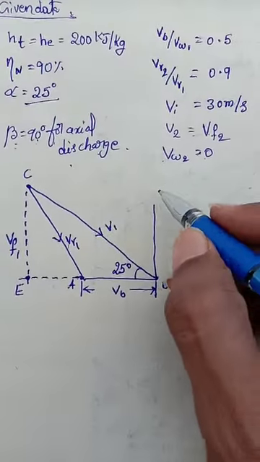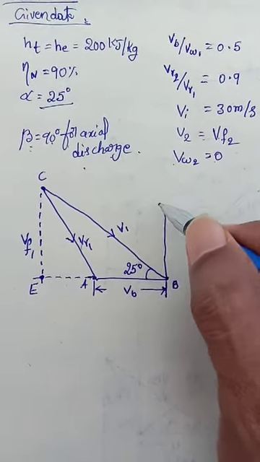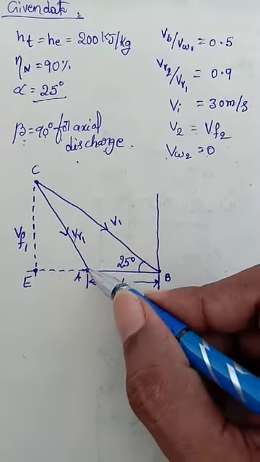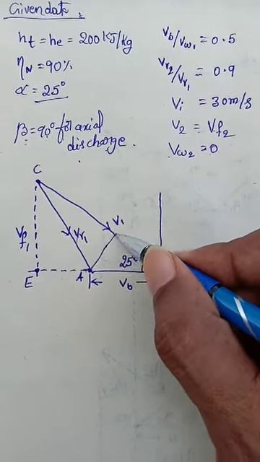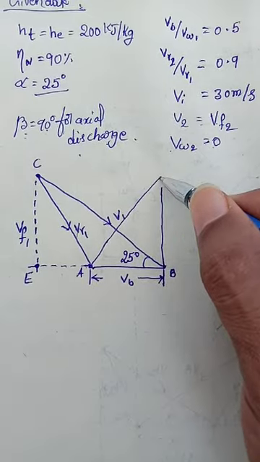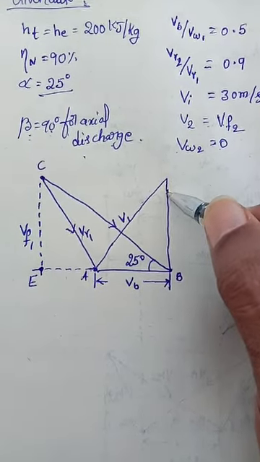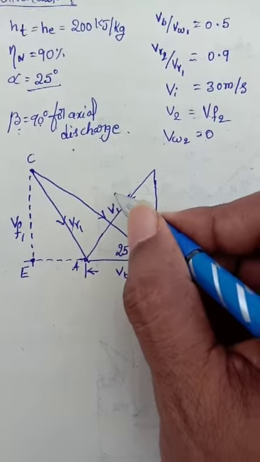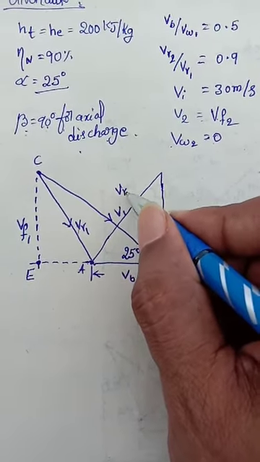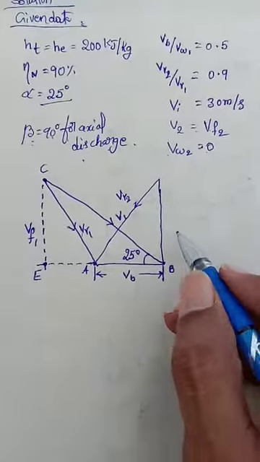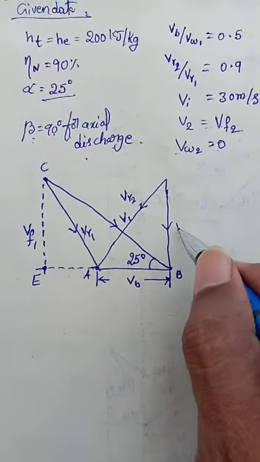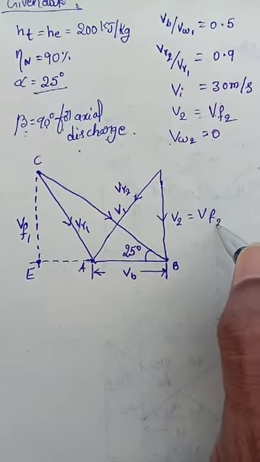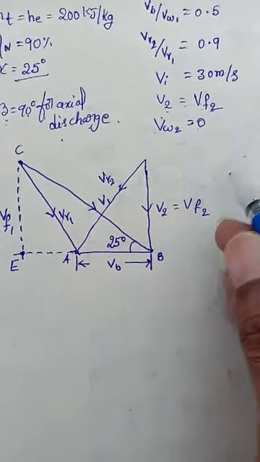Okay, and then we join this to this. So here we know very well, this is called VR2. Now this is coming from V2, and that is equal to VF2. The condition is acceptable.